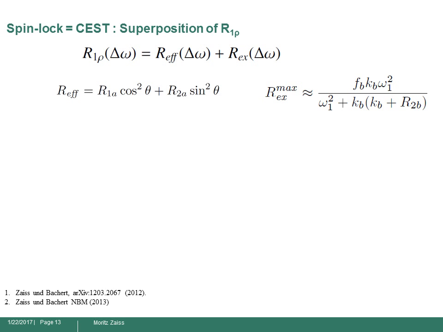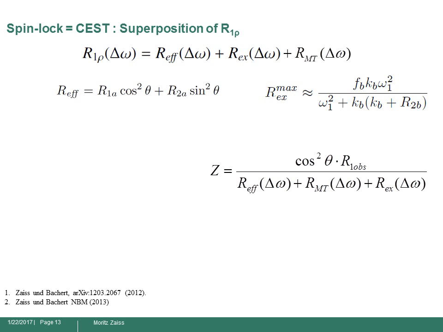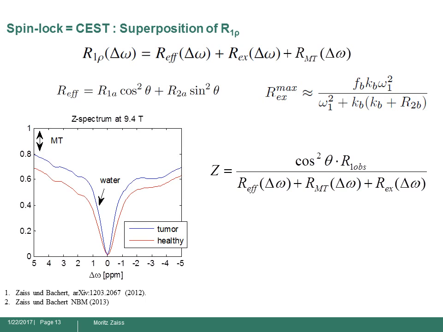And this can be explained by some theory. I don't want to go into detail here, this is a complicated slide, but in the end you can use the spin-lock theory, so CEST can be understood as an R1ρ decay, actually a relaxation process. And what is important is that the Z-spectrum can be described by this formula.